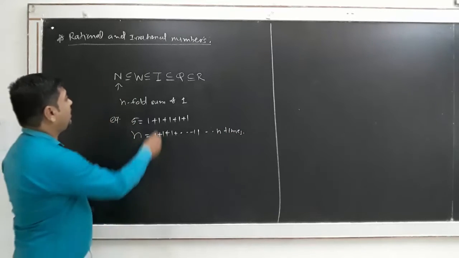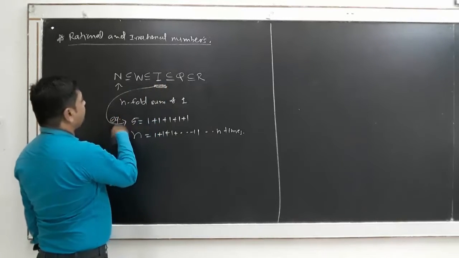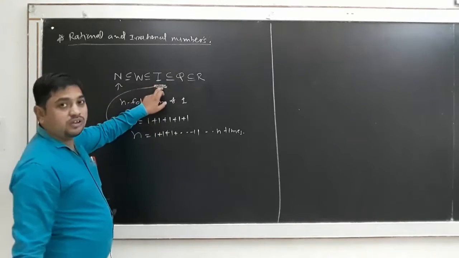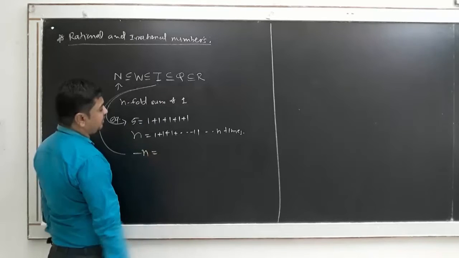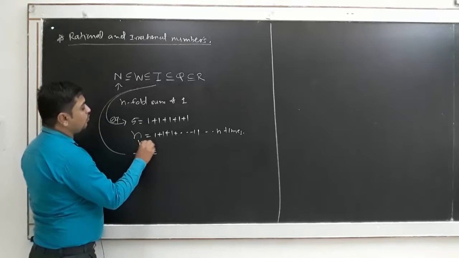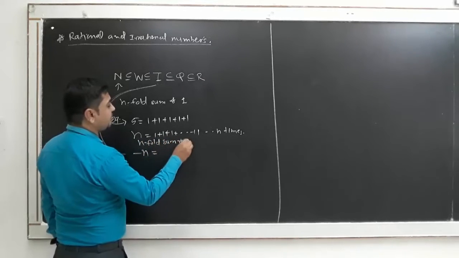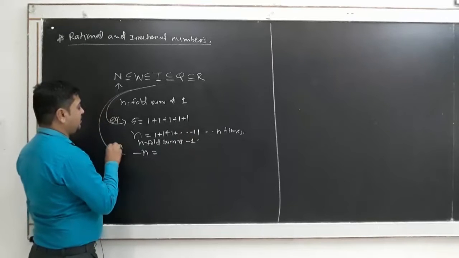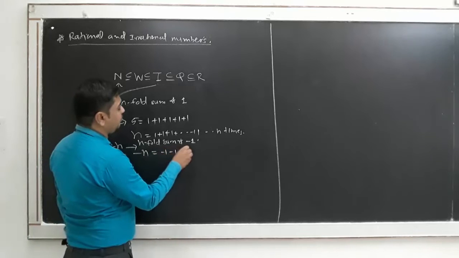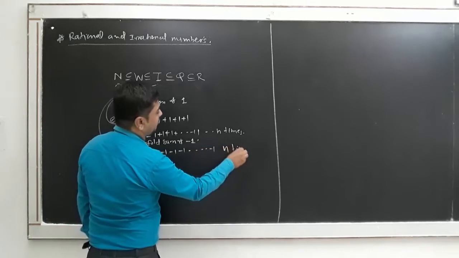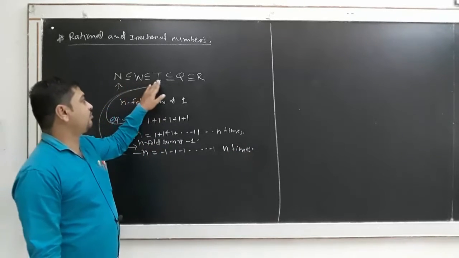Similarly, every positive number can be written in the form of an n-fold sum. Similarly, for the integer minus n, we can write it as an n-fold sum of minus 1, that means minus 1 minus 1 minus 1 and so on, n times. So we can say that N is a subset of W, which is a subset of I, and all these are subsets of R.